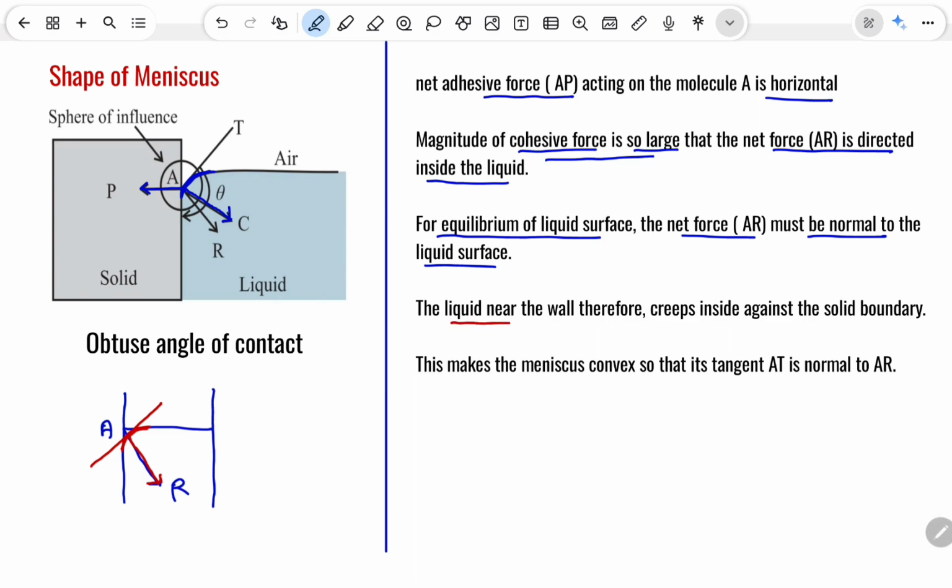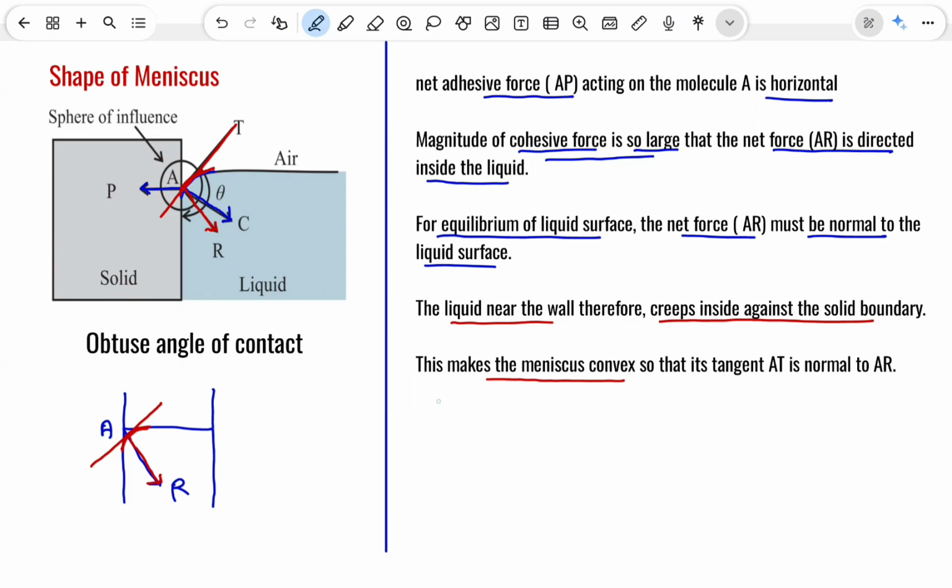So the liquid near the wall creeps inside against the solid boundary to achieve equilibrium, and the meniscus in such case is convex meniscus. So we can see that when the convex meniscus is formed, the tangent AT has become perpendicular to the net force AR. So this is how a convex meniscus is formed.